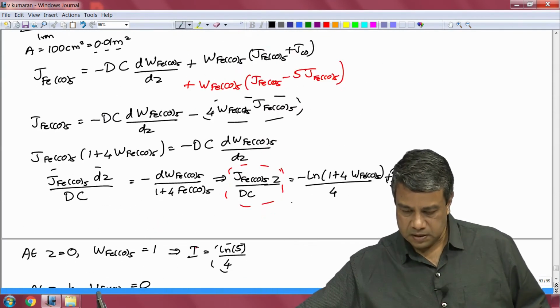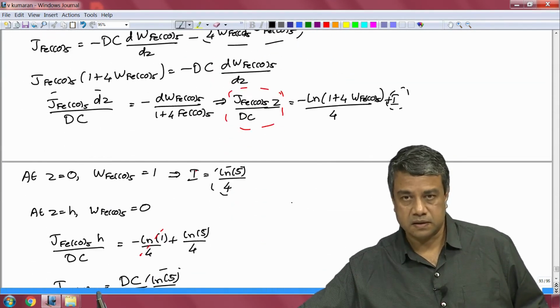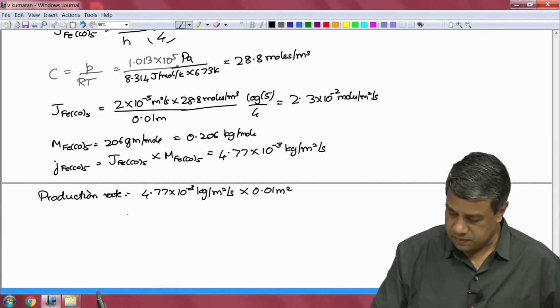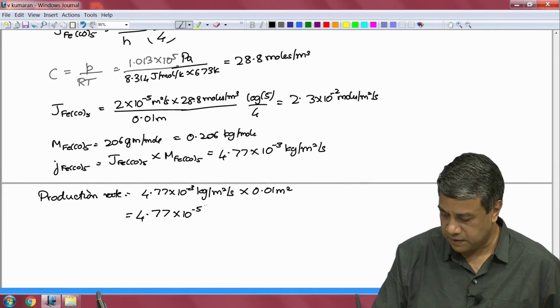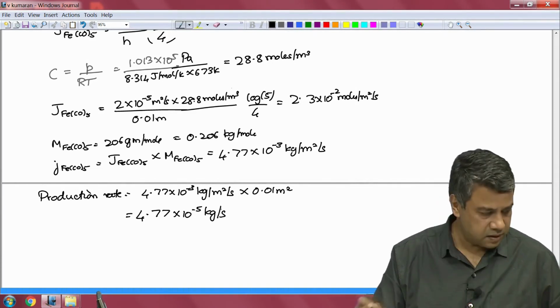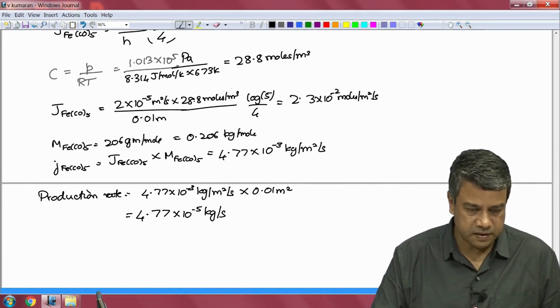And this gives you 4.77 into 10 power minus 5 kg per second.